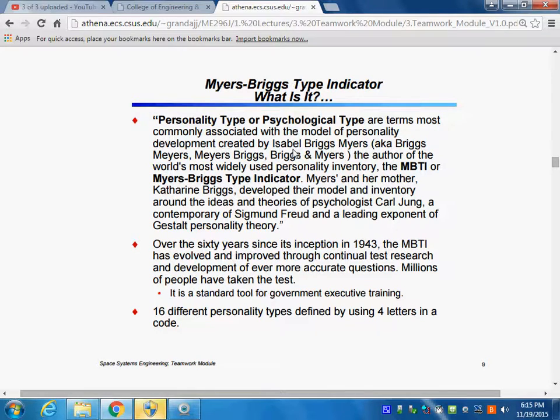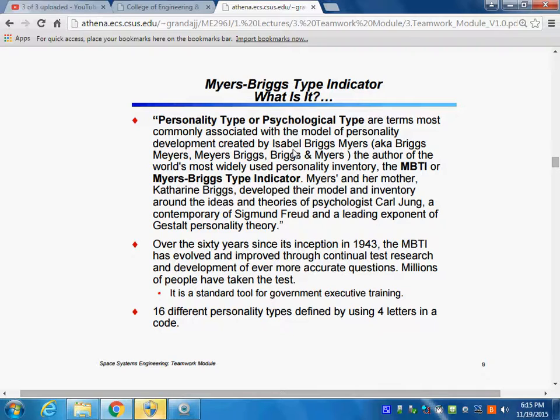It was started in 1943, so it's been a long time. The MBTI has evolved and improved through continual testing, research, and development so that you have better questions, and millions of people have taken this test.